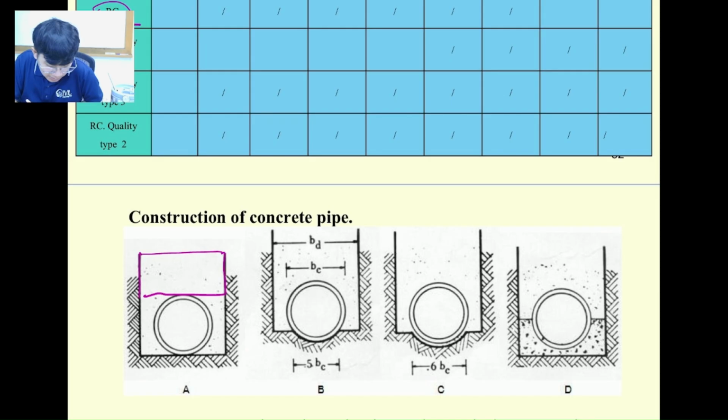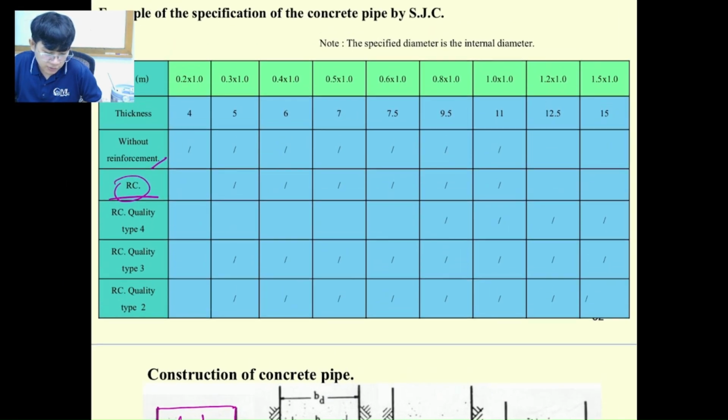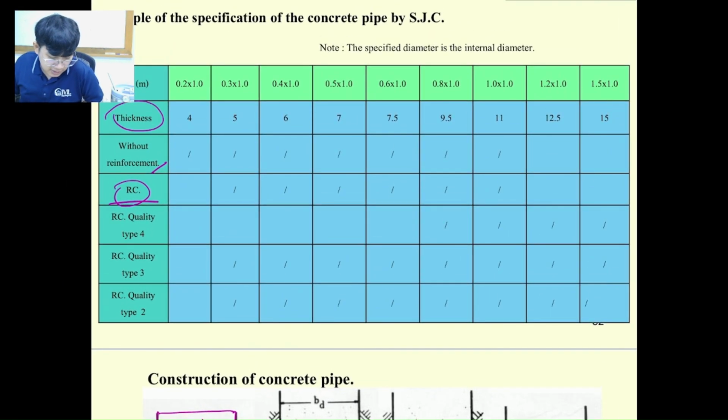When we construct it under the ground, it's going to have some load from the soil, which means we better choose the one with RC rather than without reinforcement.